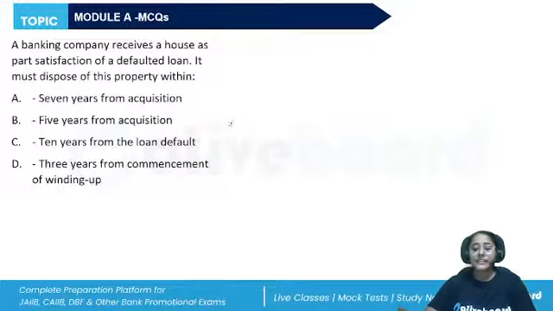So if it is acquired, then within what time period should it be disposed of? Within 7 years from the acquisition, 5 years from the acquisition, 10 years from the loan default, or 3 years from the commencement of winding up. Try to answer this question. What is the time period within which it should be disposed of?